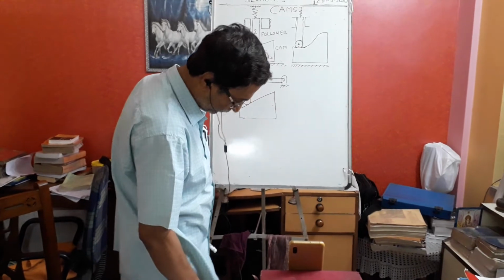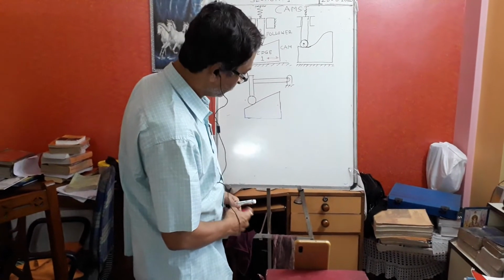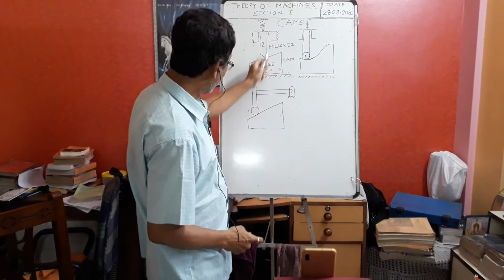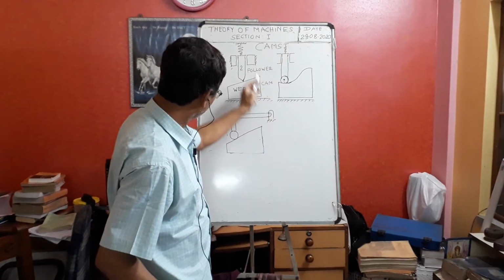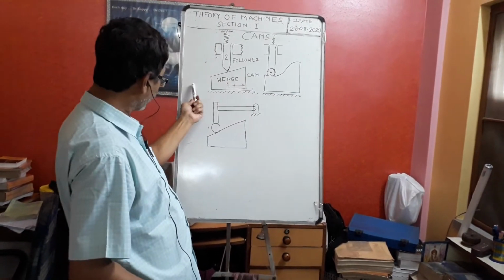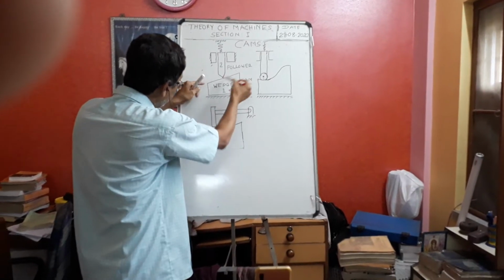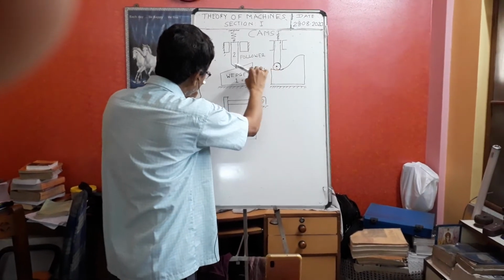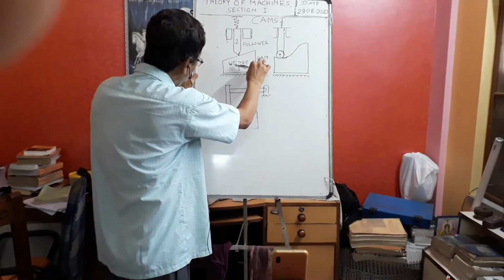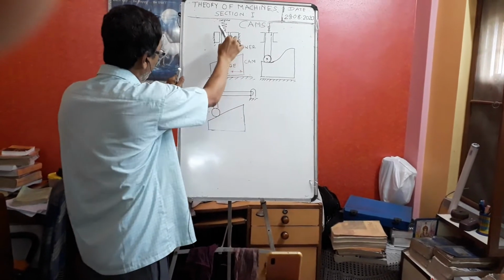Yes, it will go up. When it goes in this direction, it will go down, because the slant is there. If this goes this direction, then this will go down, and if we go this way, this will go up.